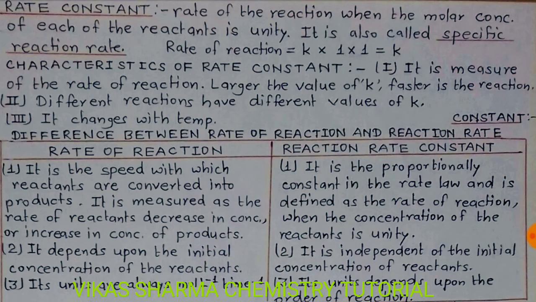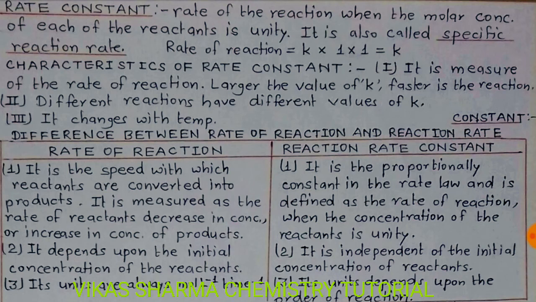Second, different reactions have different values of K. It means chemical reactions do not have similar values of rate constant; they are different. Third, the rate constant changes with temperature. It means the temperature is variable, for example 273, 298, 303 K. So the rate constant always varies as the temperature changes.